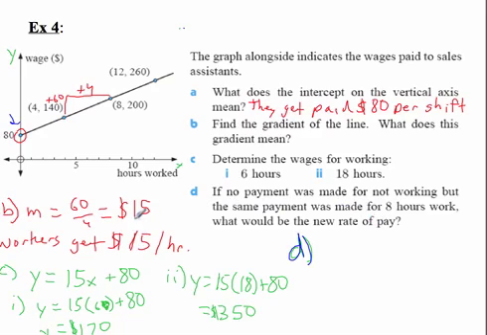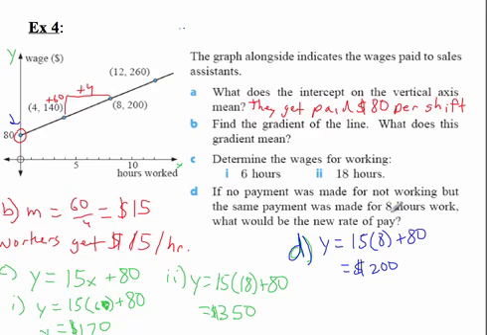So it wouldn't be $15 per hour. Actually, let's work out the amount you get for 8 hours of work first. So for 8 hours of work, you get 15 times 8 plus 80, which equals $200. So right now with this model here, if you work 8 hours, you get $200.